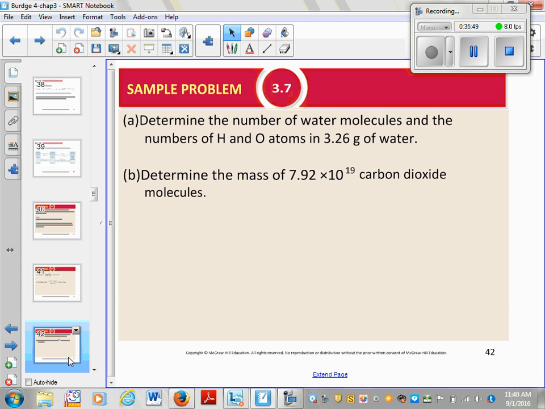Come over here. 1 mole of water is how many molecules? 6.022 times 10 to the 23rd. So if I look at my math, starting in grams of A to go to moles of A, I divide by the molar mass. I'm following the arrow. Then to go from moles of A to particles of A, I'm going to multiply by Avogadro's number. So now I have all the numbers. Now it's just plug and chug on your calculator.